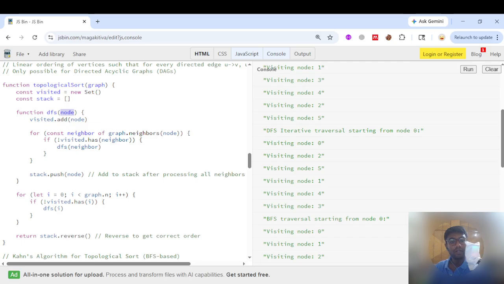We initiate the DFS function here with I, and we keep pushing all the elements to the visited set, which is required to be completed as part of the specific node, right? So that's about topological sort.